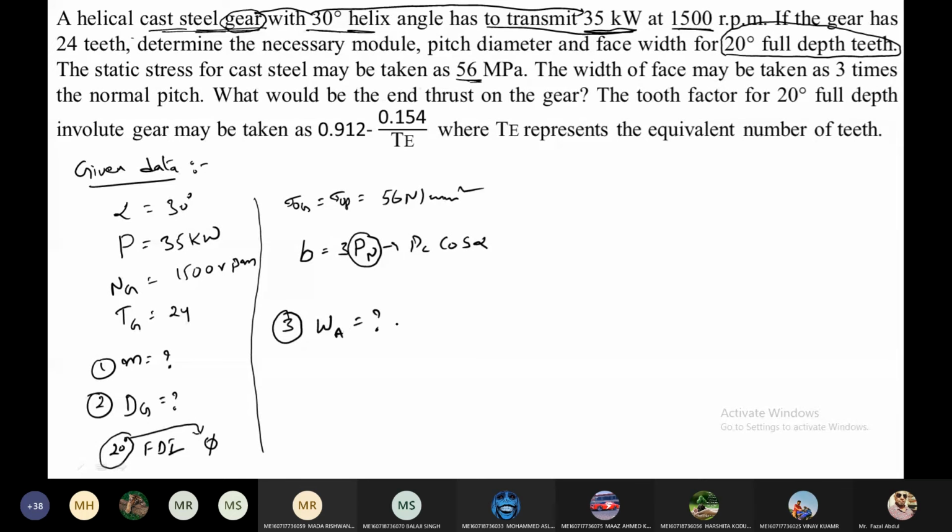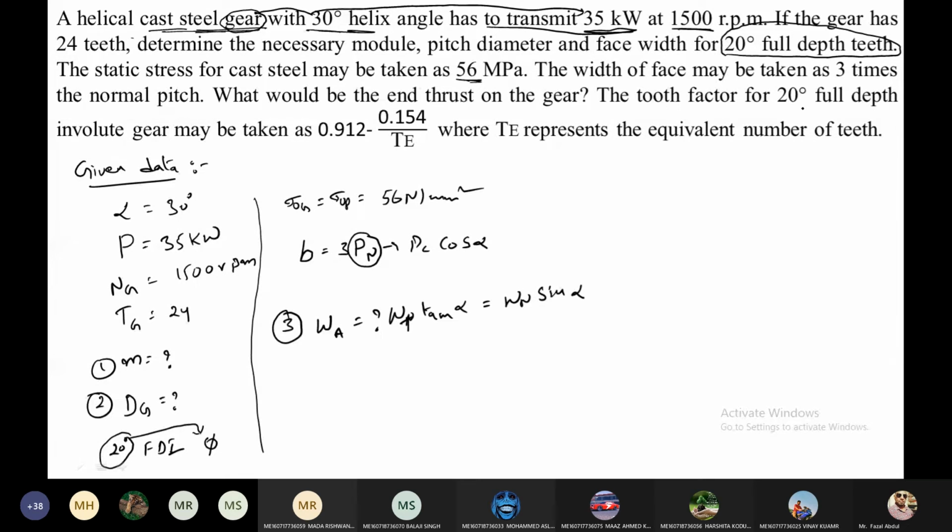For this we have two relations. What are those? Wt into tan alpha, and another relation, Wn into sin alpha. These two relations we use to calculate axial thrust.